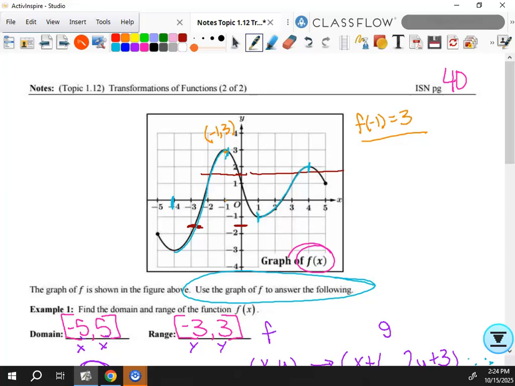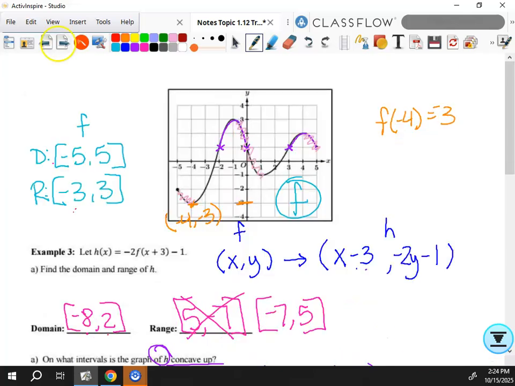We all said yes, right? Then nobody wants to say yes on this other one. X is your input, y is your output. So if that's true here, that's true here. If my ordered pair is negative 4, negative 3, when my input is negative 4, my output is negative 3. Okay? We good with that? So then this is a true statement. We all agree with that.